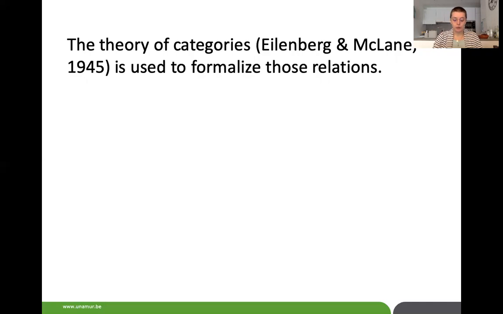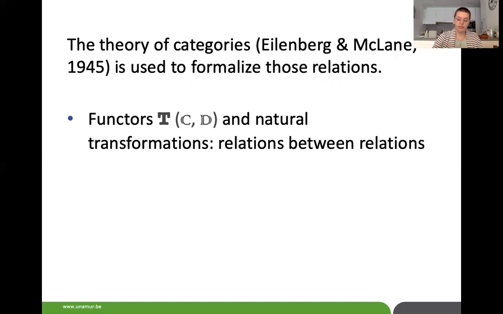That theory, created by Eilenberg and MacLane in 1945, contains concepts that can rigorously represent very abstract organization. Two of these concepts are functors and natural transformations.